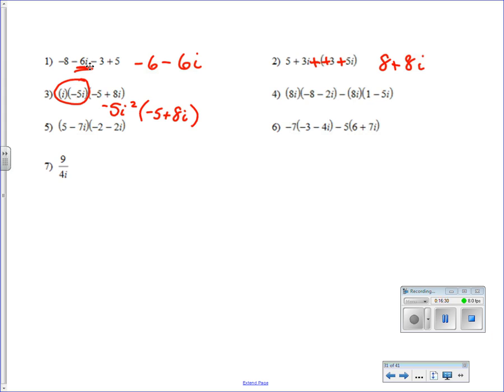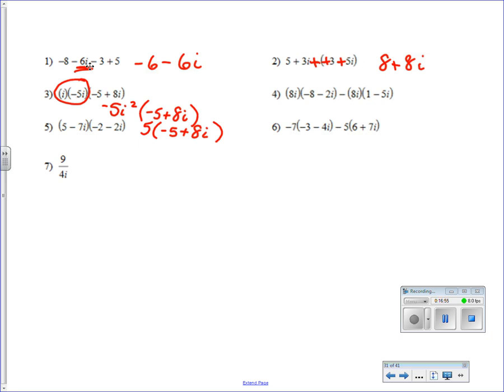Remember, I didn't want you to worry about other powers of i. I just told you, you need to know what i squared is. What is i squared? Negative 1. So what's negative 5 times negative 1? I'm going to change this right away so I don't get super big powers of i. I have a method to my madness.